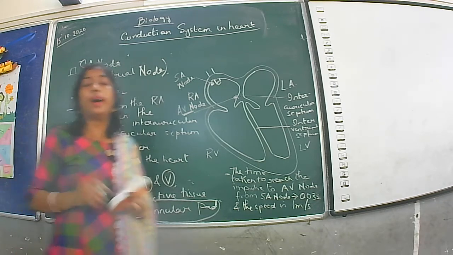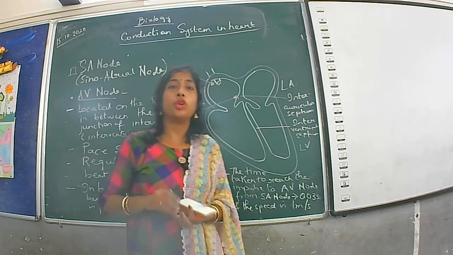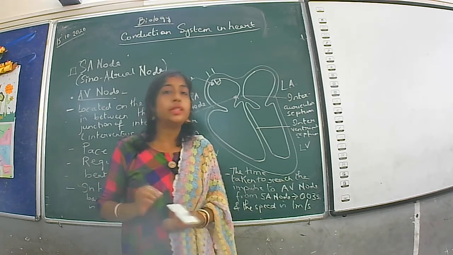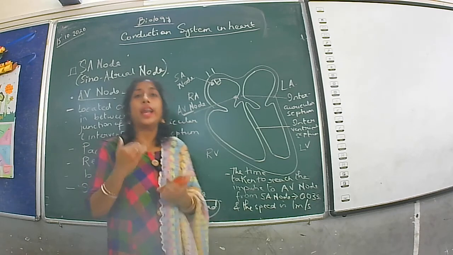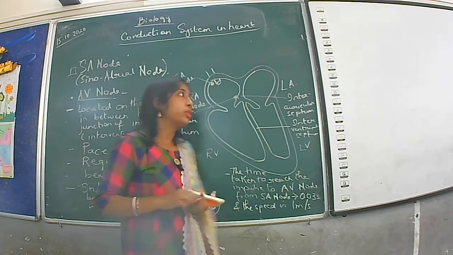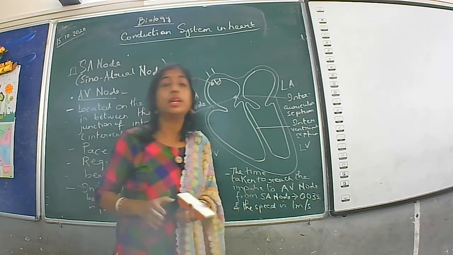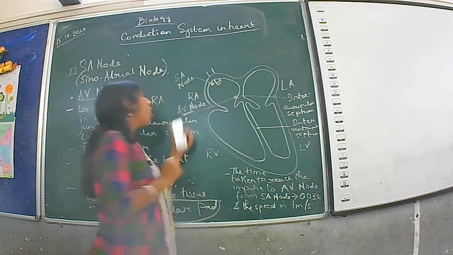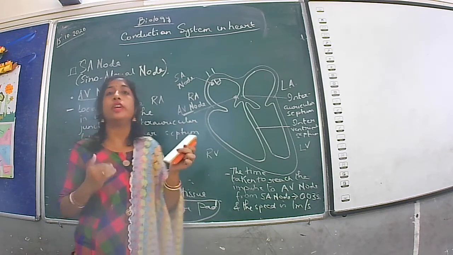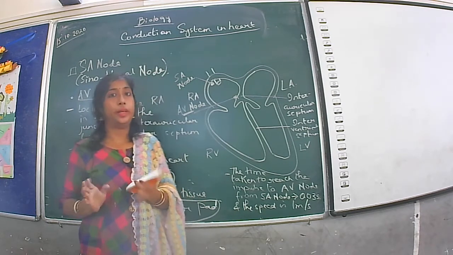This annular pad acts as an insulating system. So there is a requirement of an intermediate structure which will distribute the impulse to the ventricles as well. That is why, in spite of the presence of cardiac muscle, the AV node is required to help transmit the impulse to all the walls of the ventricles.